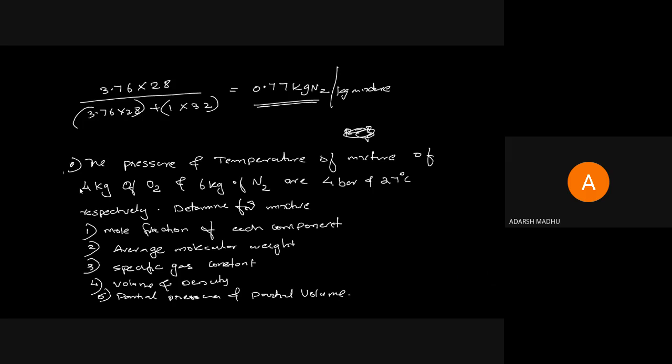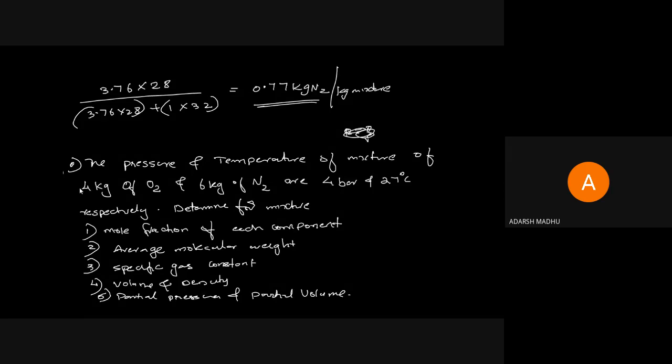If it were a volumetric analysis, the volume of individual constituents would be given. Here it is given as 4 kilogram and 6 kilogram, so it is clear that it is a case of gravimetric analysis. That is, the mass of the constituents is given here. The pressure and temperature are also given, 4 bar and 27 degrees Celsius.